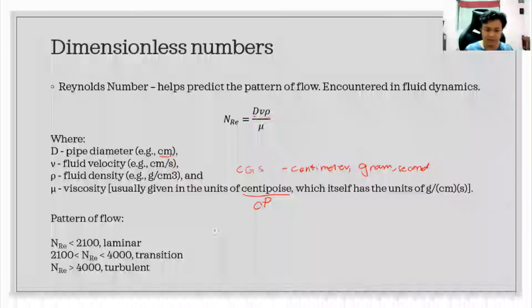For visualization purposes, laminar flow is just like this. You can imagine water flowing like sheets moving past each other without mixing, right?